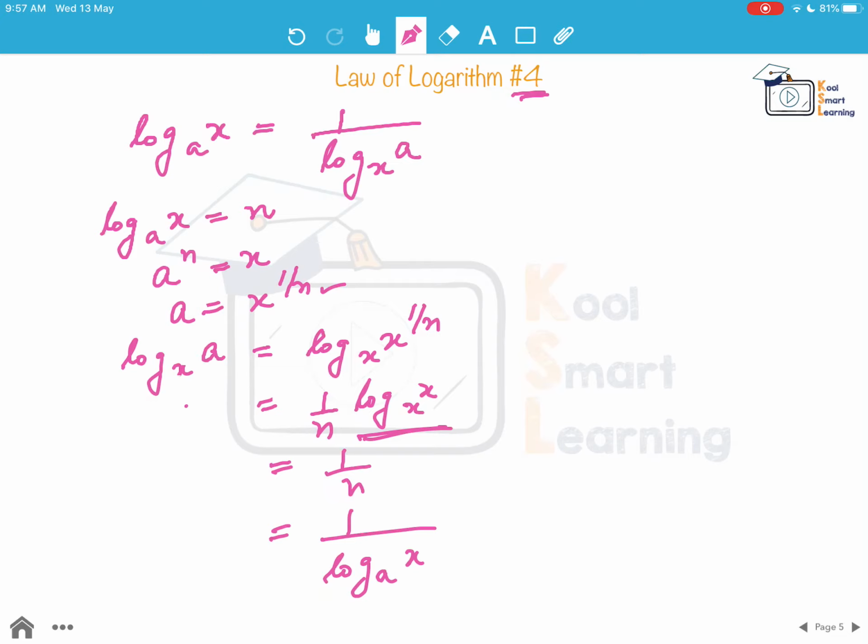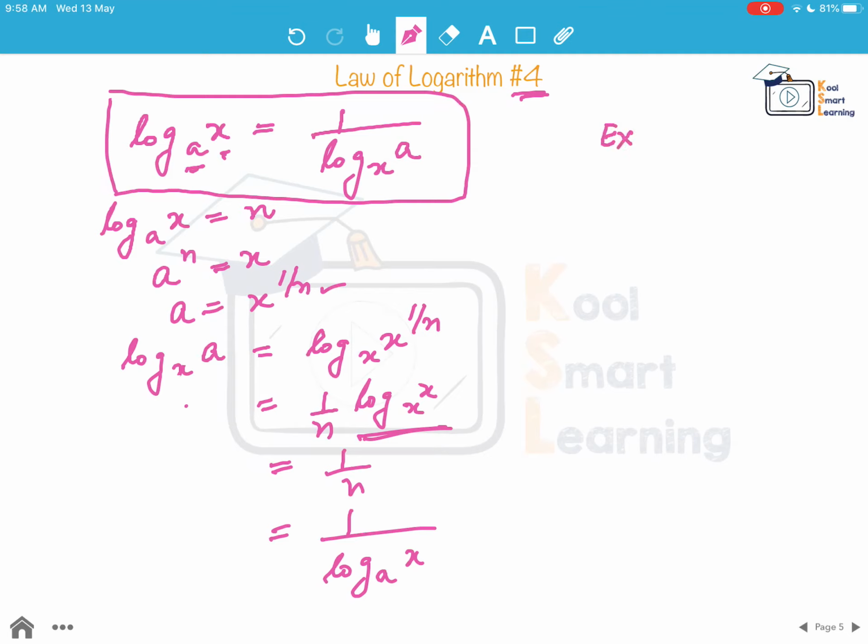So if we change the position of a and x, we get 1 by the log of the original thing. So this is the property.